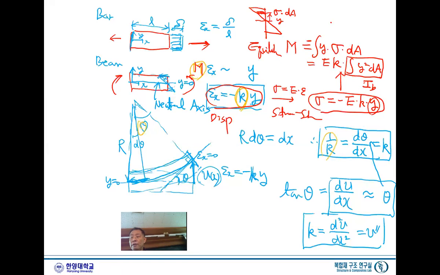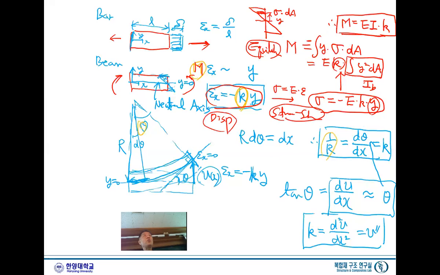So simply, we have moment equals E I K. Okay, K I'll put last: E I K. So this is the one last result we have obtained from all these considerations. Consideration means displacement, stress-strain, and equilibrium, and this is what we get.